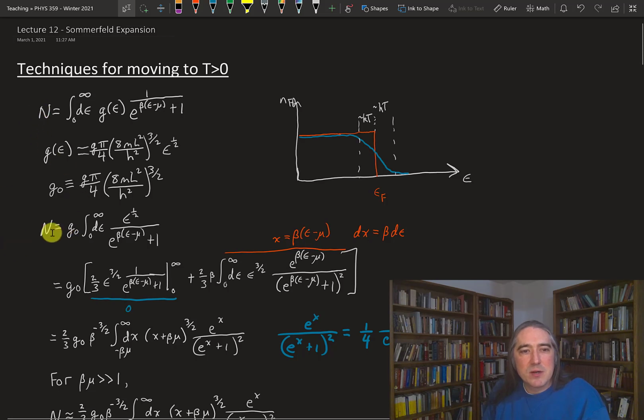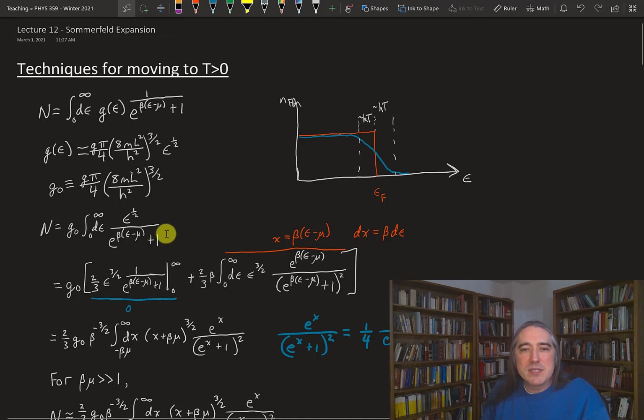So the number is just that G naught mess of constants times the integral from 0 to infinity d epsilon of epsilon to the 1/2 over e to the beta (epsilon minus mu) plus 1. In other words, the energy raised to the 1/2 over our Fermi-Dirac distribution. Okay, this looks like an ugly integral, and it'll be the subject of the rest of this lecture, basically.